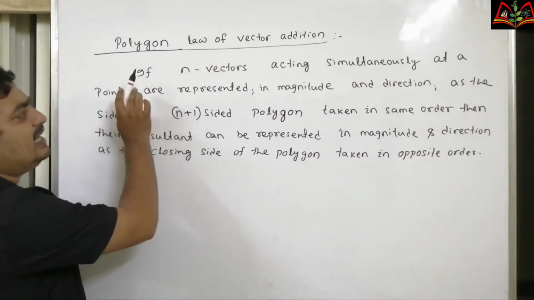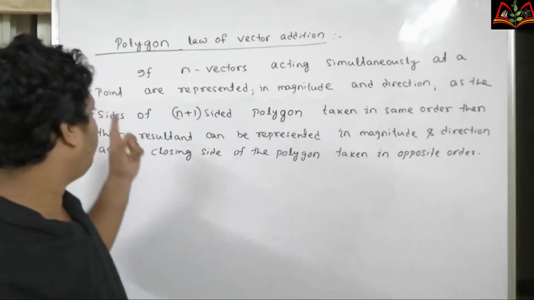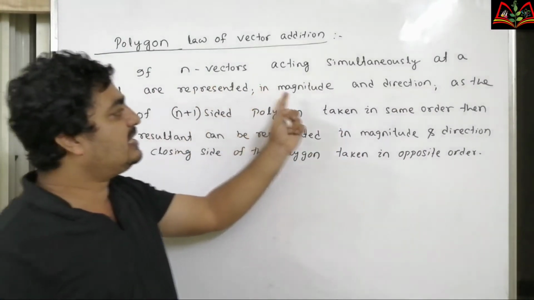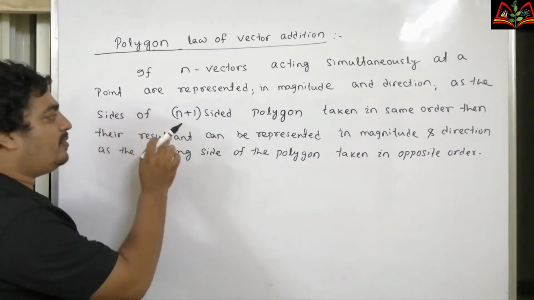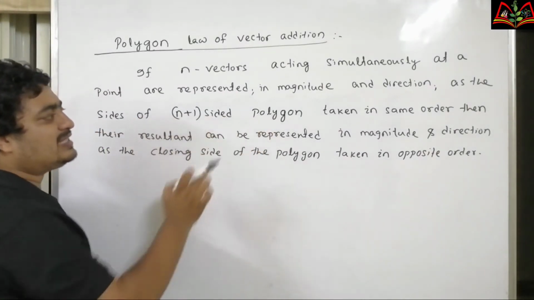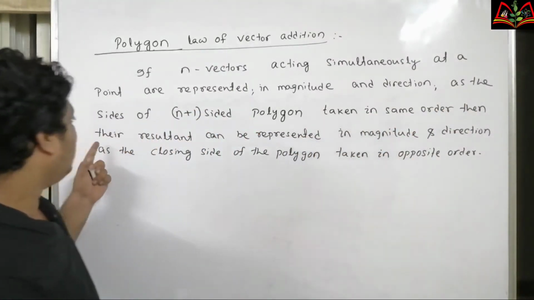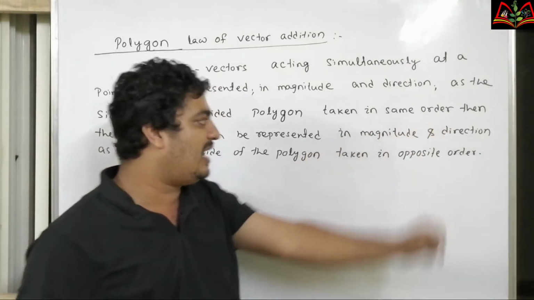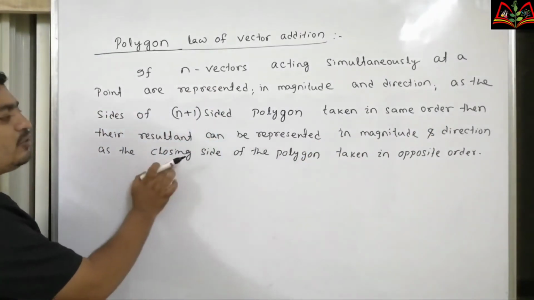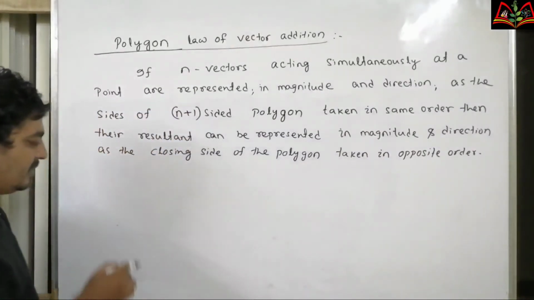It states that if n vectors acting simultaneously at a point are represented in magnitude and direction as the sides of an n plus 1 sided polygon taken in the same order, then the resultant can be represented in magnitude and direction as the closing side of the polygon taken in opposite order.